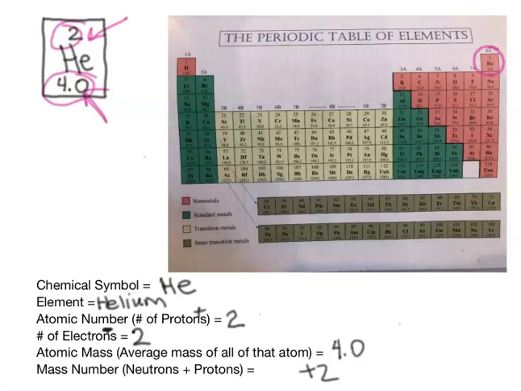But if we go with the helium isotope, helium-4, and it's either written like this, helium-4, or He with a little 4 up there. If we go with that, then we know that the mass number is 4. Okay?